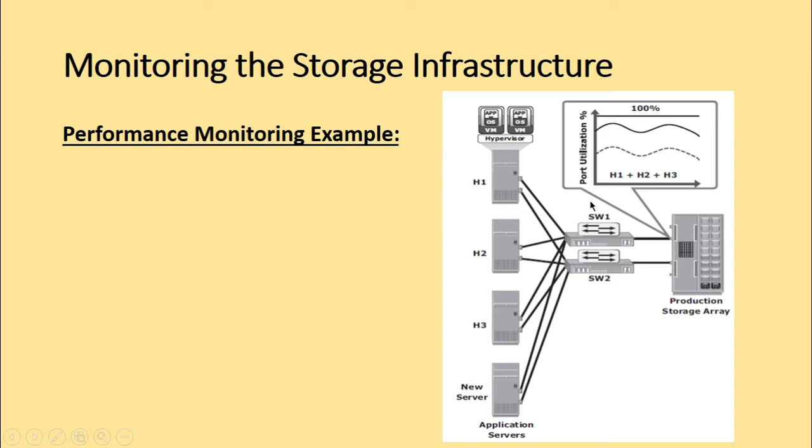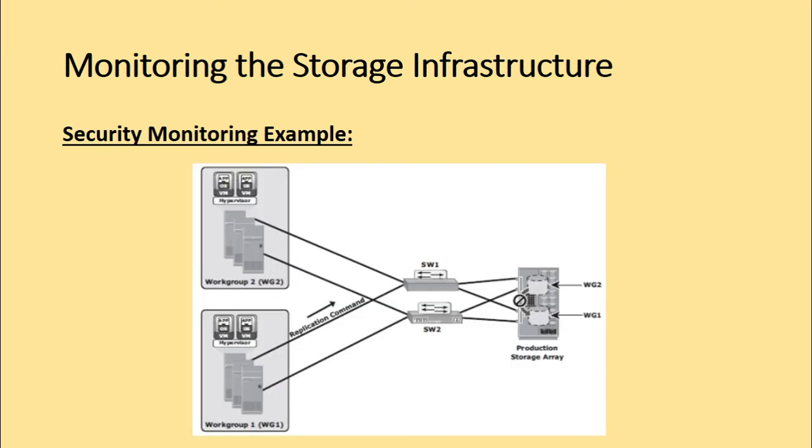However, if the utilization is not close to 100%, or if it is relatively less, in that case the new server can be added easily without affecting the performance of the other servers, that is H1, H2 and H3, because all these four servers will continue to share a single storage array port. That is an example for performance monitoring.